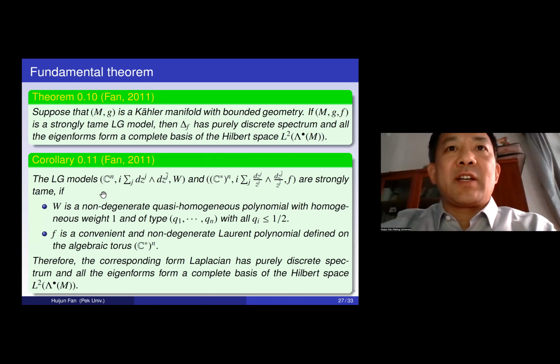You only need to check the strongly tame condition, and then the two models satisfy this analytical condition. So this means the corresponding form Laplacian has purely discrete spectrum. This is an important corollary.